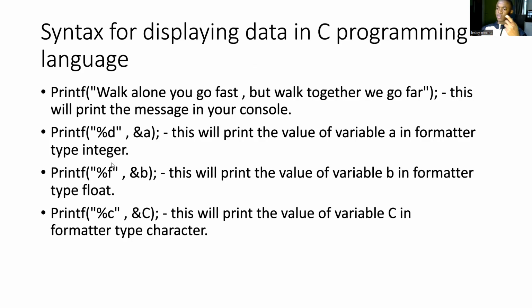So this will print the value of variable b in the formatted type float. printf %c will print the value of the variable c in the formatted type character. I think that's pretty easy to understand.